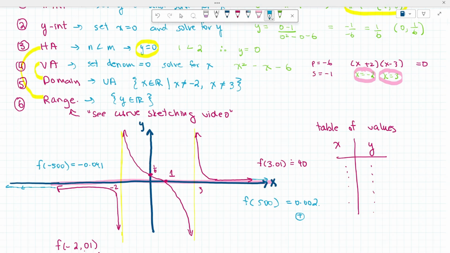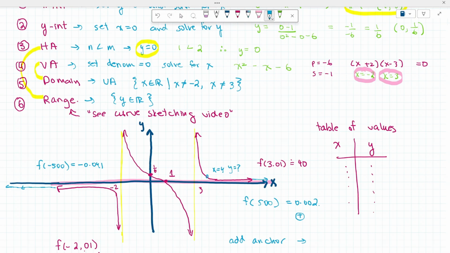The last thing that you can do if you want is add more anchor points to your plot. What that means is try a couple x points, maybe plug in x equals 4 and see what y is equal to get another point.